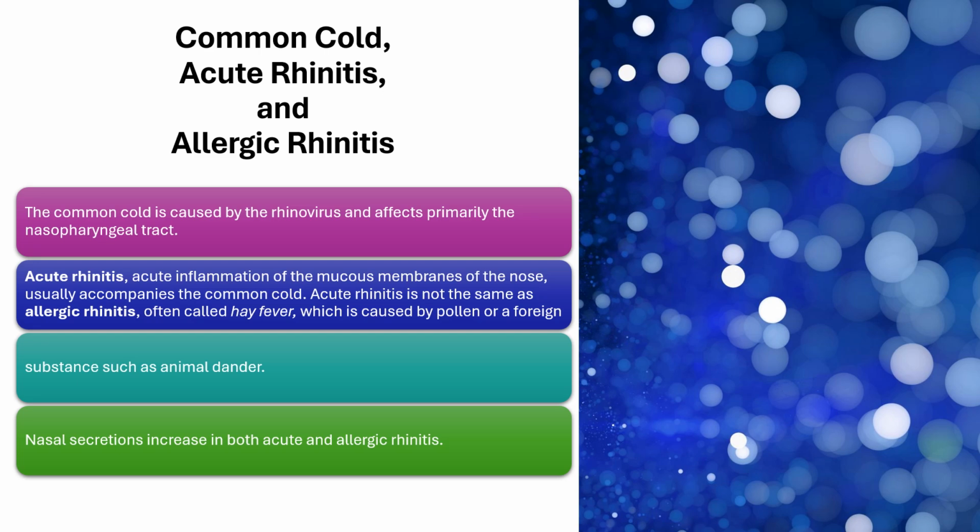The groups of drugs used to manage cold symptoms include antihistamines, decongestants, antitussives, and expectorants. These drugs can be used singly or in combination preparation. Symptoms of the common cold would include rhinorrhea, nasal congestion, cough, and increased mucosal secretions.